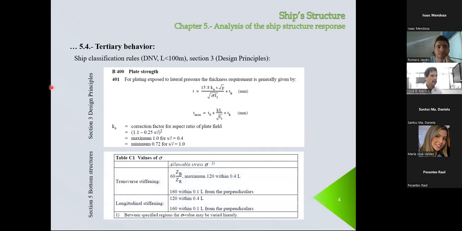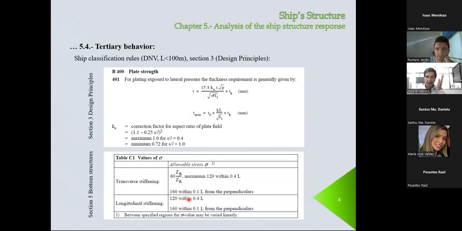At the bottom, this is something very interesting. How do we select the value of sigma? You see here there is a difference between transverse stiffening and longitudinal stiffening. When this is transverse stiffening, this value here, remember, tb is as built, and r is the required.